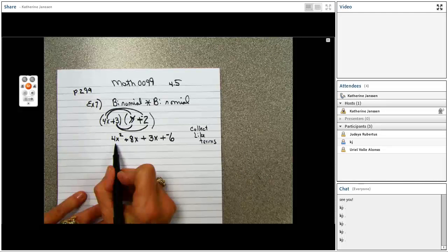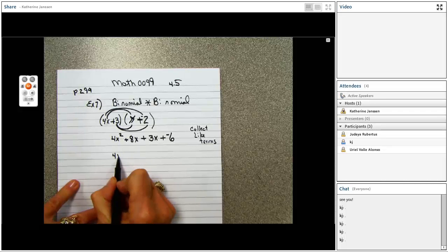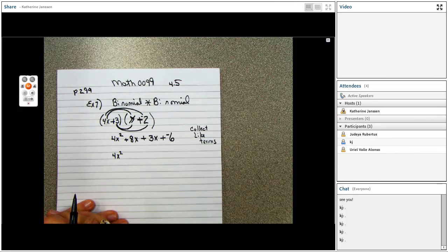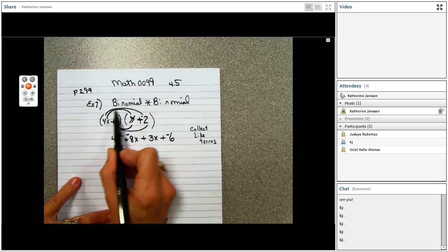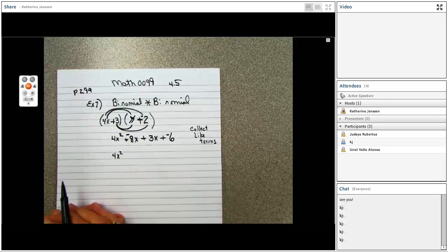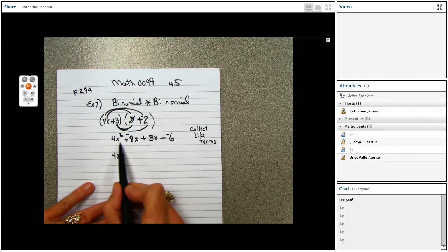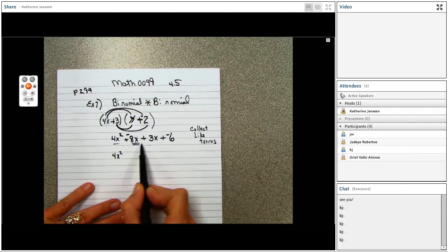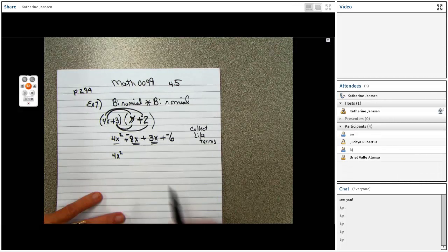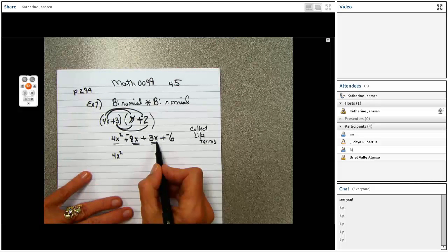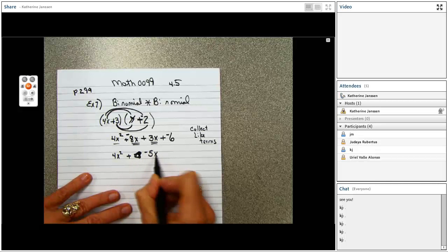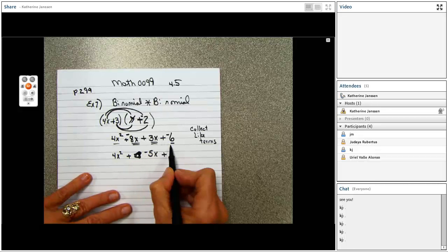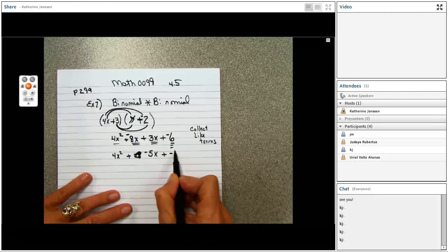So any more x squared terms? No. This was a negative 8, wasn't it? 4x times a negative 2 for a negative 8x. For x to the first degree, I have a negative 8x plus a positive 3x would be a negative 5x. Plus, that's my only constant term, a negative 6.